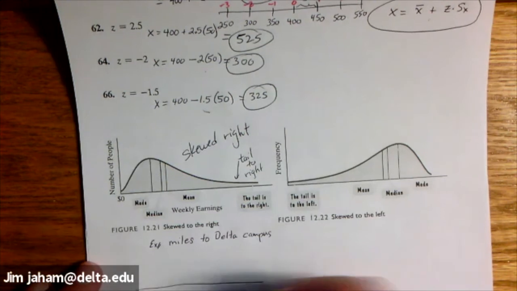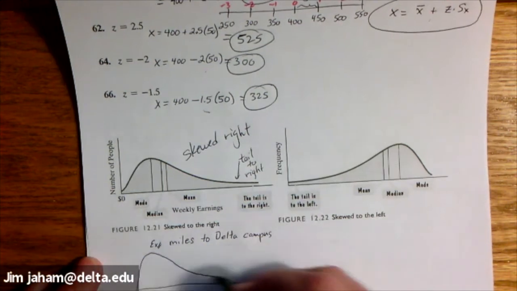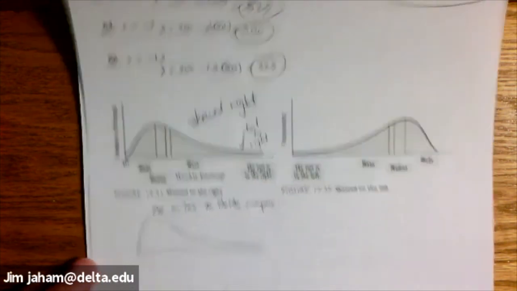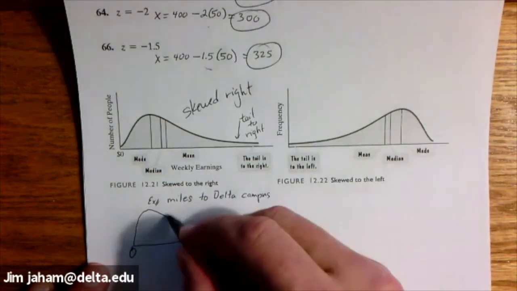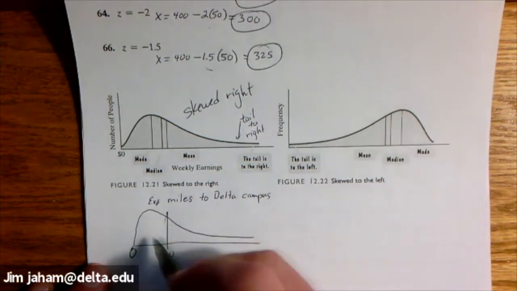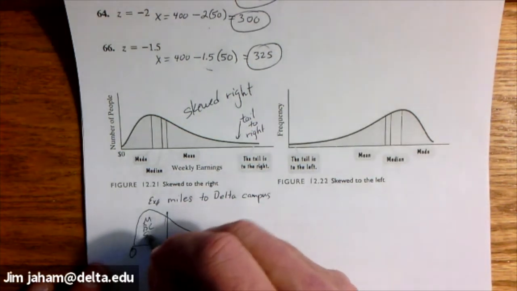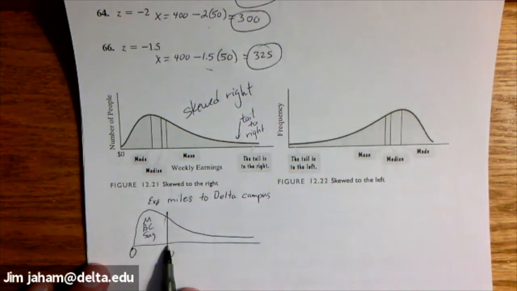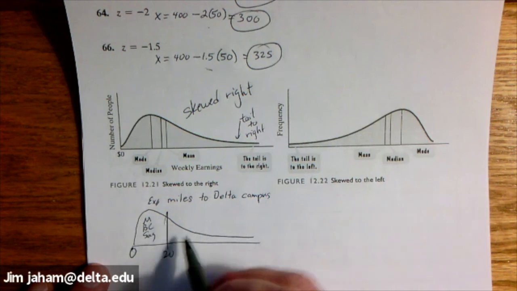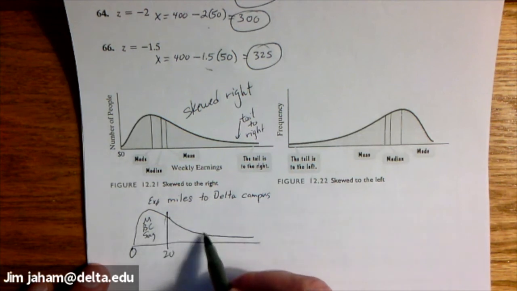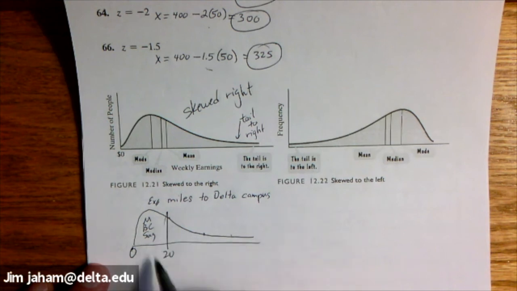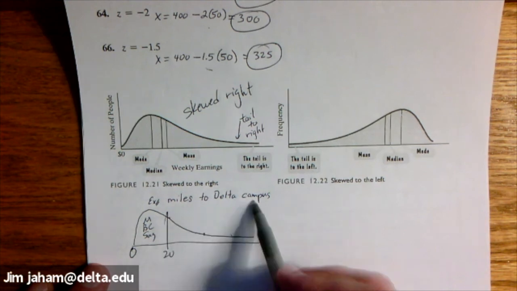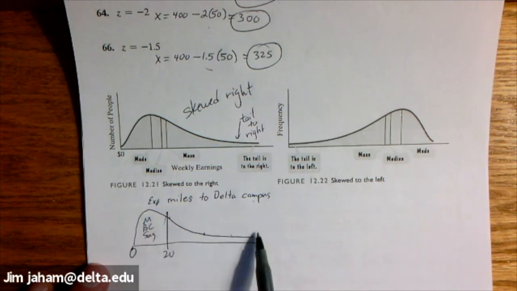Because most students, because they go to Delta College, live close to Delta College, right? And so this would be 0 miles from Delta College. You know, the 3 counties of Midland and Bay City and Saginaw are all within a 20-mile drive. And so most everybody's going to be here, but then we have those students that are commuting in from Alpena and from the Thumb, but there's not as many of them. So here's an example of a data set that would lead to this skewed right distribution.